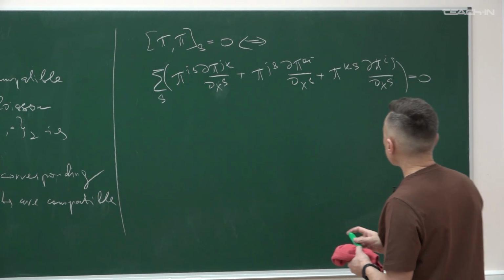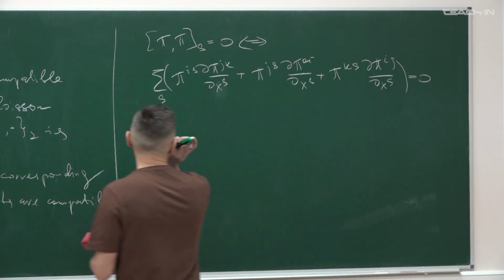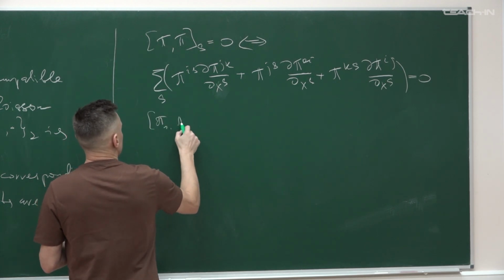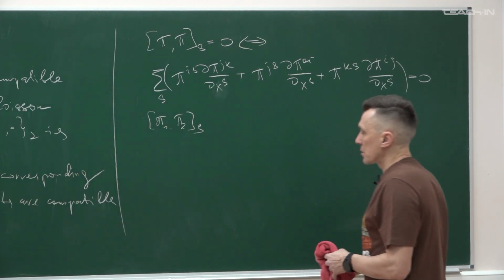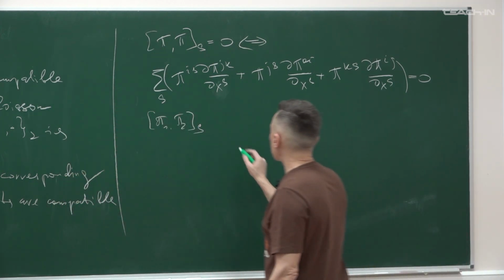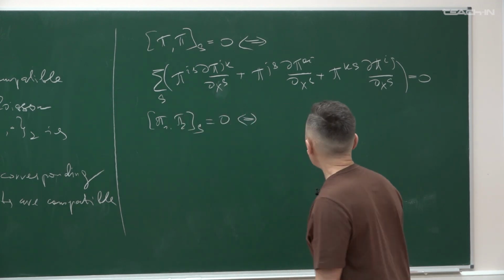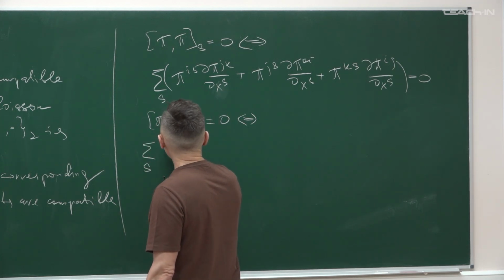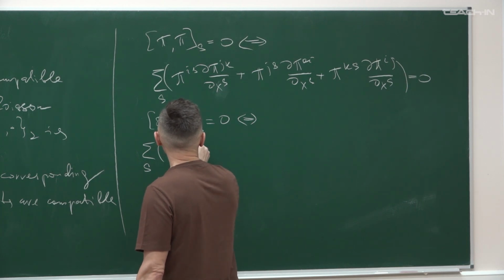And so the condition that two Poisson bivectors commute with respect to the Schouten bracket is equivalent to the following condition.